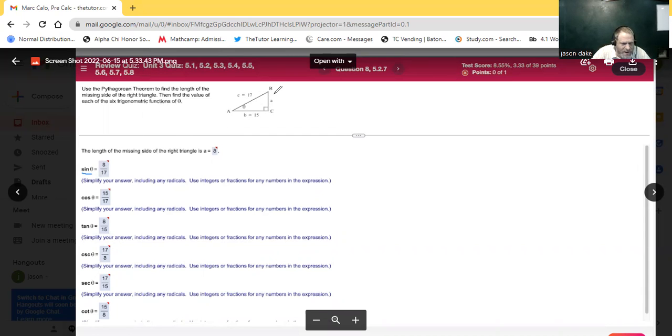We already know that a equals 8. So we're going to do the side opposite to angle A, which is this.